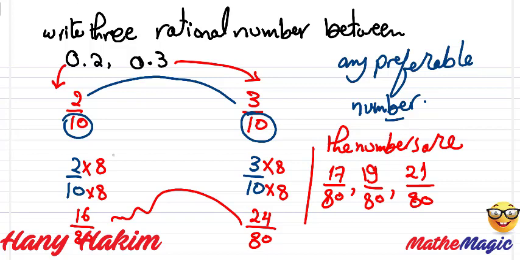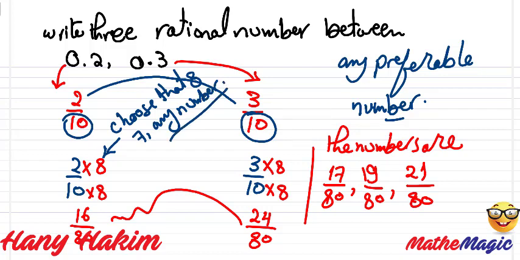Yes, you can solve the same question by multiplying each fraction by 10, by 100, by 15. That means we choose that 8. So I can choose 7. I can choose any number that انت بتحبه.